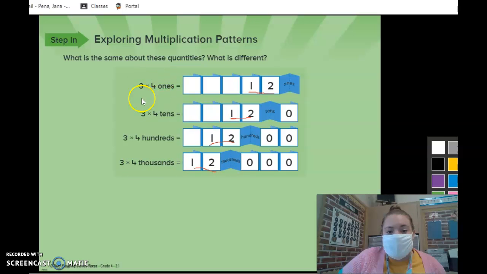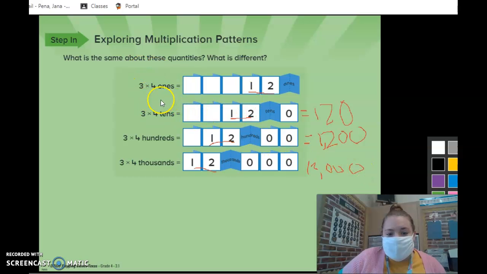Because we have 3 groups of 4, we can make this equal 120. This one is going to be 1,200, and 12,000.